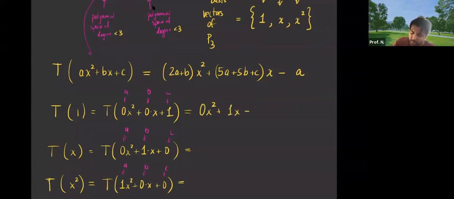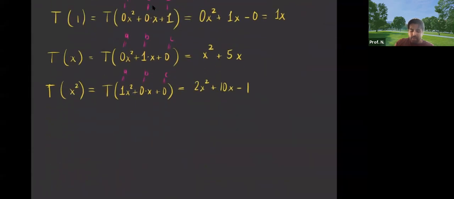And this is minus 0, so this just would be x. 1x, right? And then this would be 0 x squared plus 5x minus 0. And the last one would be 2x squared plus 10x minus 1.